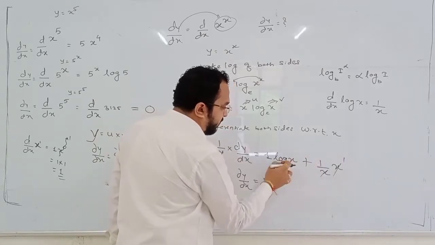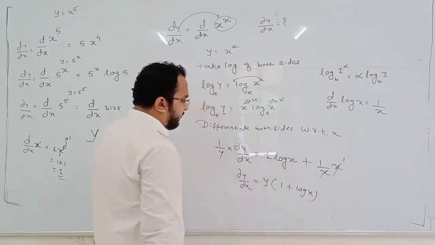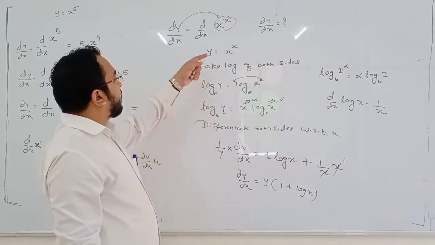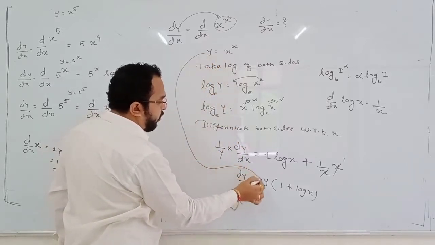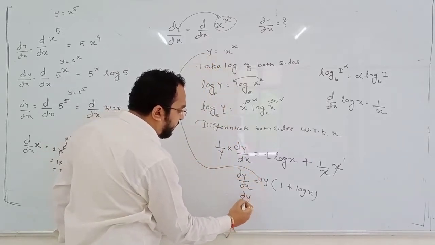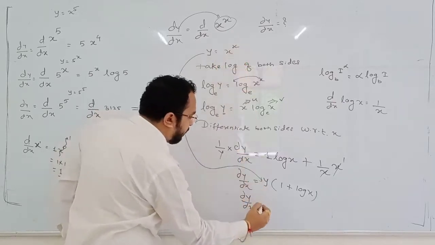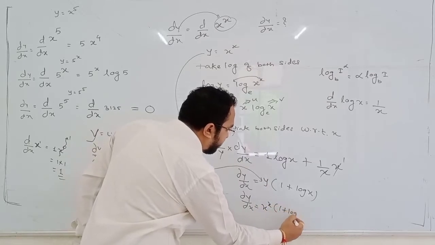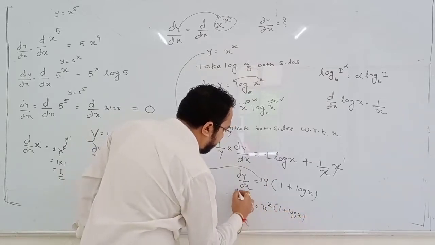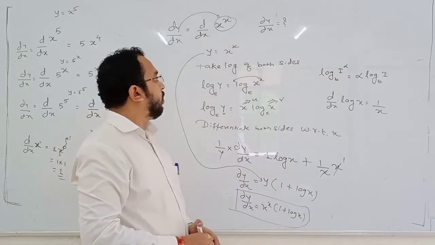So it is 1 plus log x. And now resubstitute the value of y here. Then your answer will be dy by dx. What is the value of y? x to the power x. So dy by dx is x to the power x into 1 plus log x.